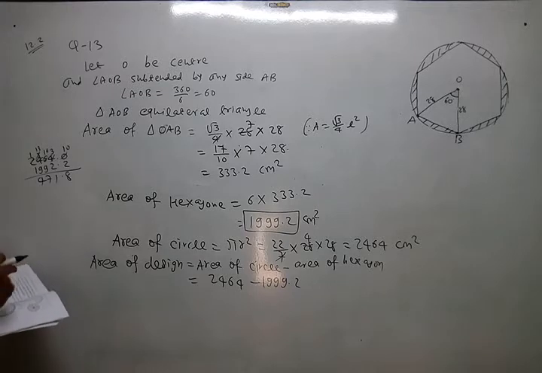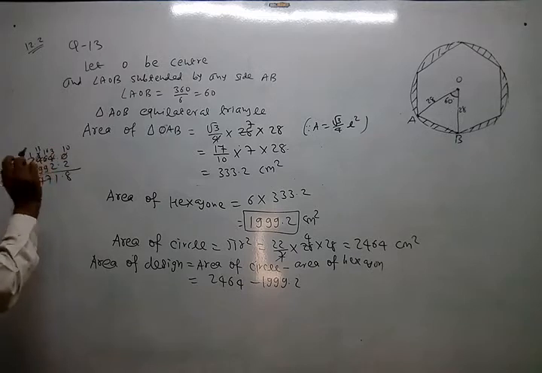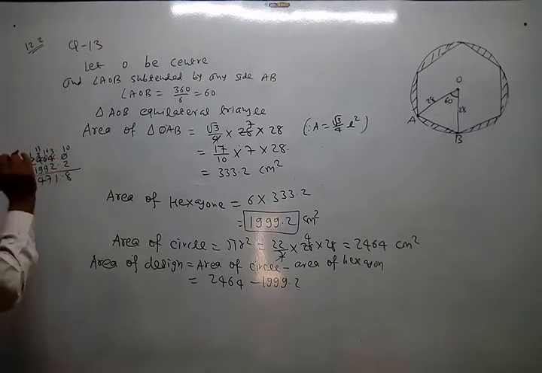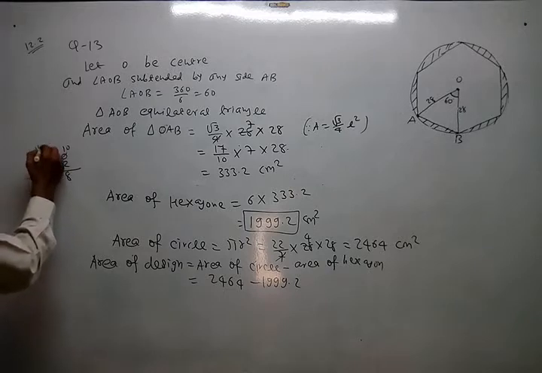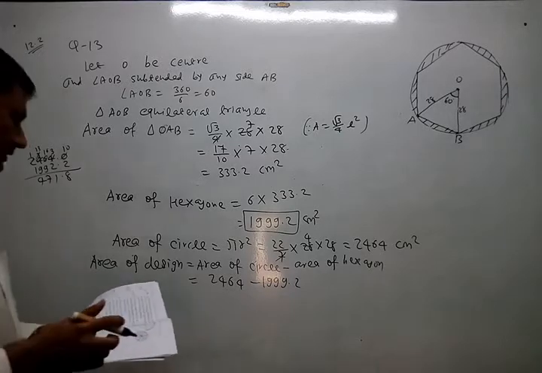Sorry, 1992.8. 10 minus 2 is 8, 3 minus 2 is 1. Here 16 minus 9 is 7, and here is 30. 13 minus 9 is 4. So 471.8.